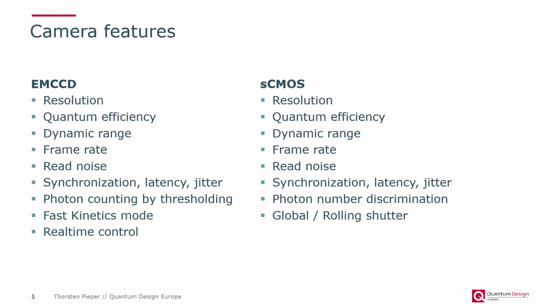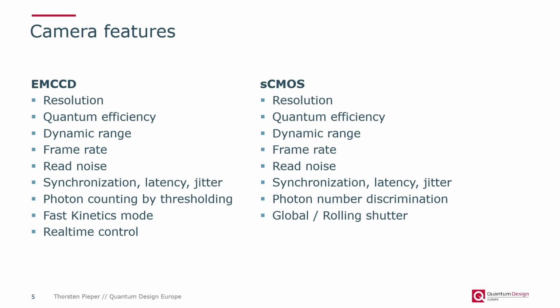The cameras that I'm going to associate with these experiments can be based on different technologies. Many experiments require very sensitive cameras, and other experiments require higher resolution or smaller pixel sizes. There are many features of cameras that can be relevant in these different experiments.